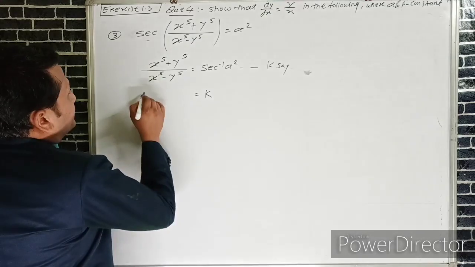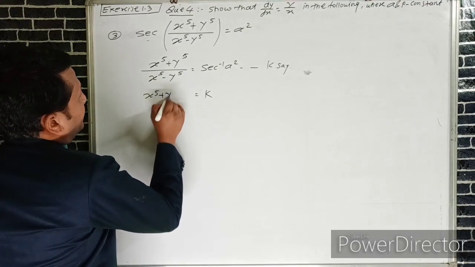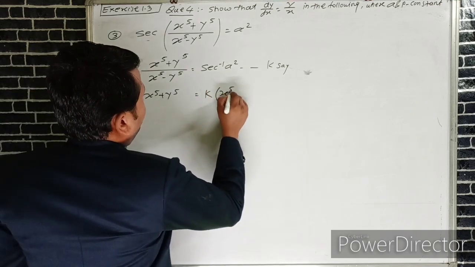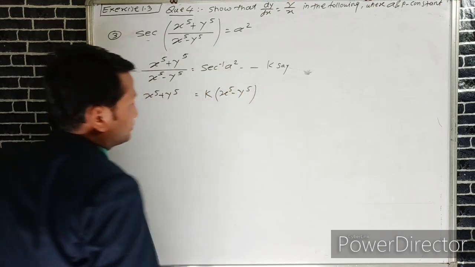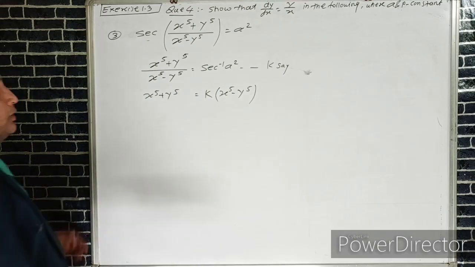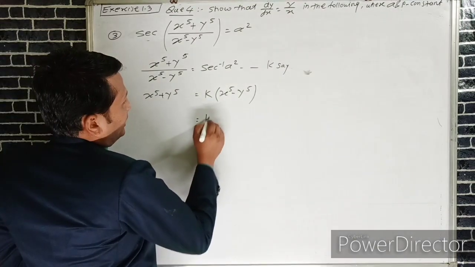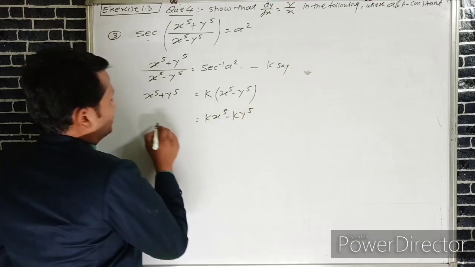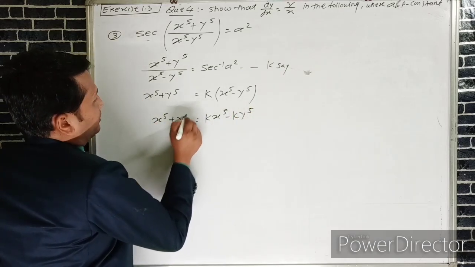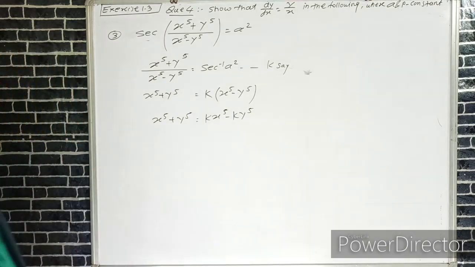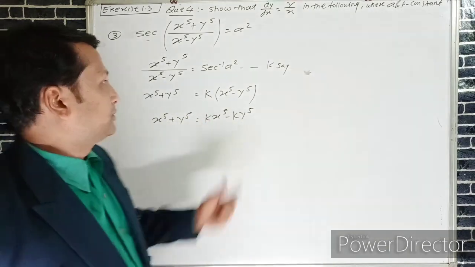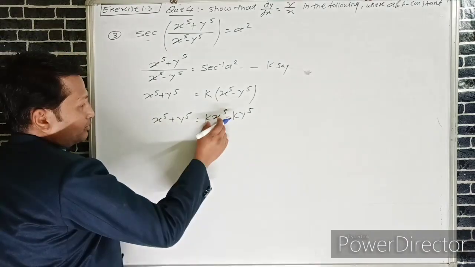Then x raised to the power 5 plus y raised to the power 5, this term we shift to the right side, we can write x raised to the power 5 minus y raised to the power 5. Now if we multiply this, k into x raised to the power 5 minus k into y raised to the power 5 is x raised to the power 5 plus y raised to the power 5. We take terms of x on the left side, terms of y on the right side.